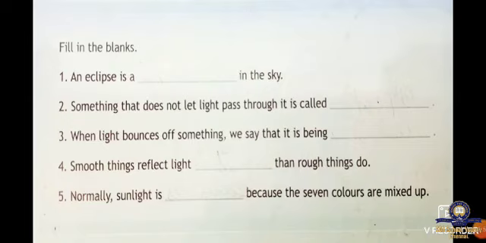When light bounces off something, we say that it is being reflected. Smooth things reflect light better than rough things do. Normally, sunlight is dash because the 7 colors are mixed up. It is colorless. Sunlight is colorless because the 7 colors are mixed up.